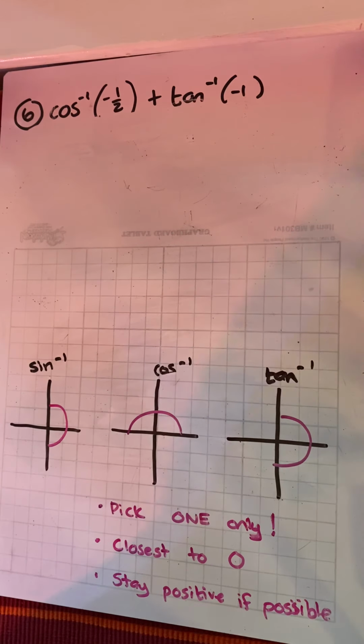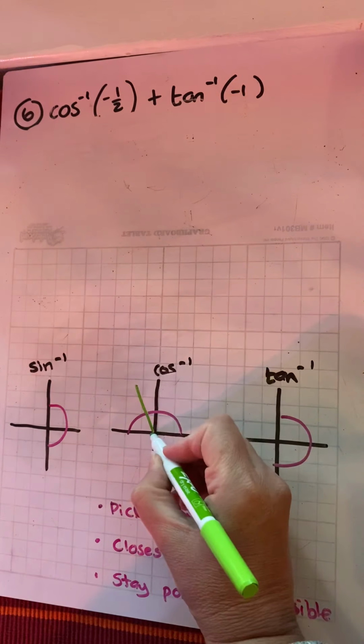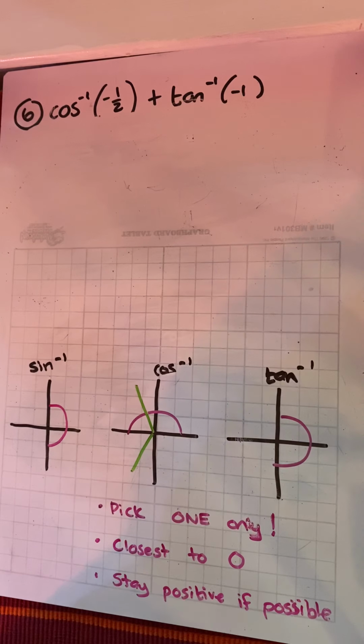So the first one, we're doing the inverse cosine of -1/2. Cosine is the x value. So on your unit circle, you're going to have an x value of -1/2 in those two positions. But if you're finding the inverse, you're going to follow these rules and pick the one closest to 0.